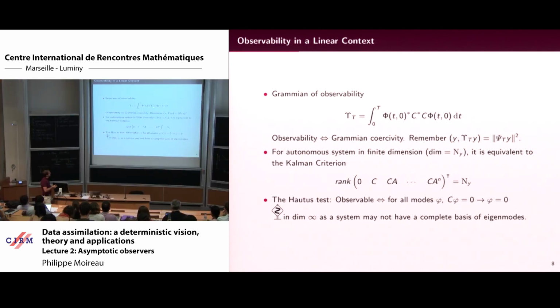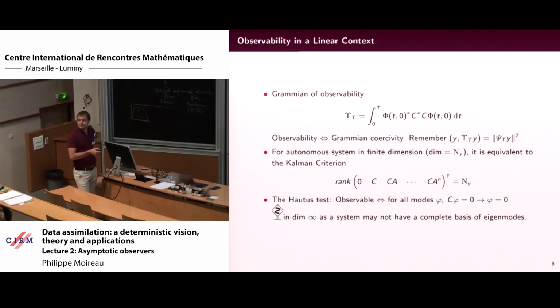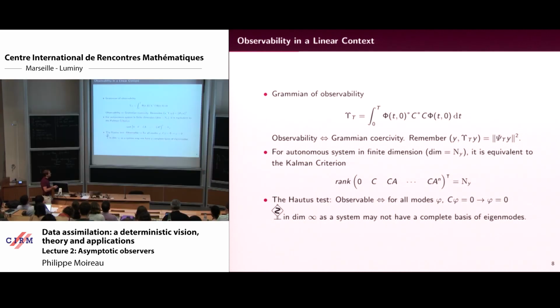When you compute this over a given y, not a trajectory, a y that does not depend on t, any y in the state space, you see that this computes this. So basically the Gramian gives you the coercivity for that.